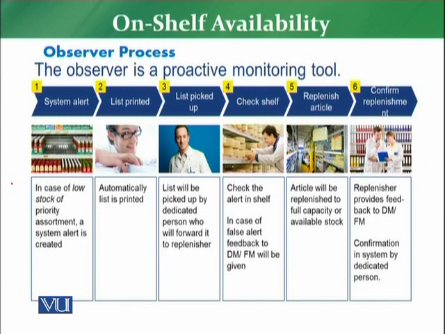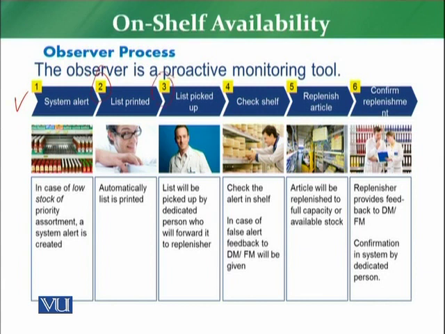So how does this observer work? The observer gives you a system alert. Then you have to print that list immediately, of the articles which are now going to the gap check. Well, they are not in the gap, but they will be in the gap if they have not been addressed, or not been ordered, or not been received properly.